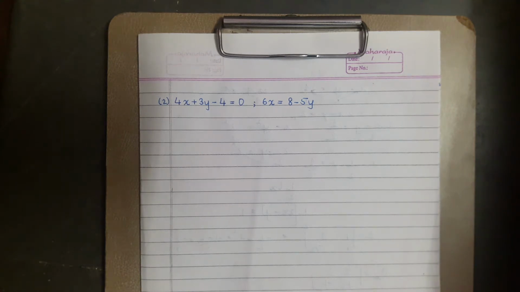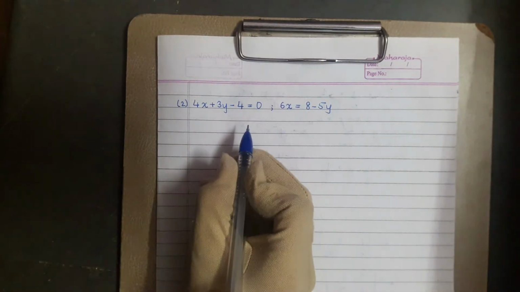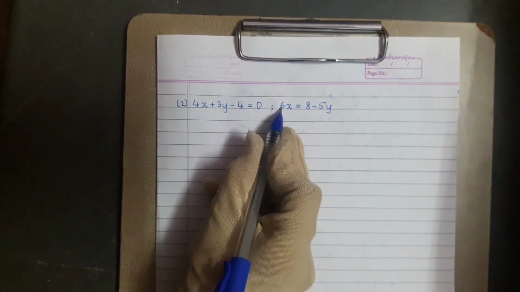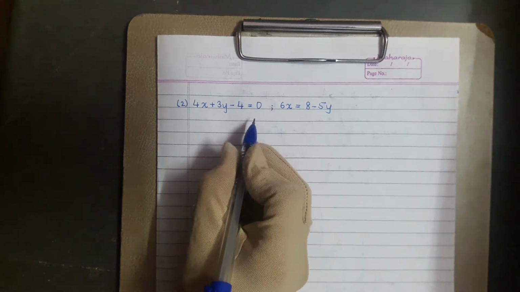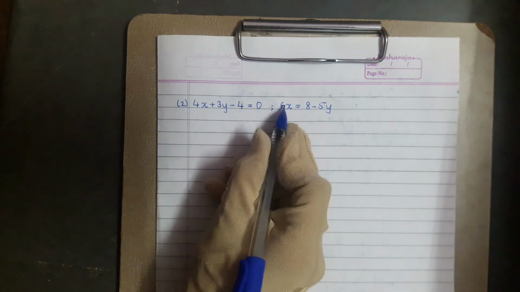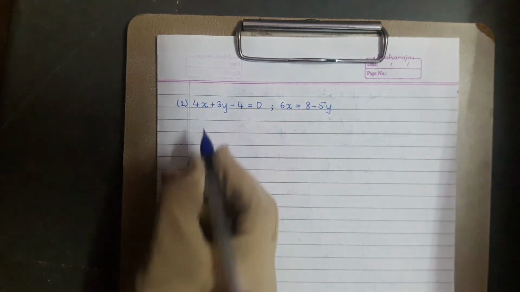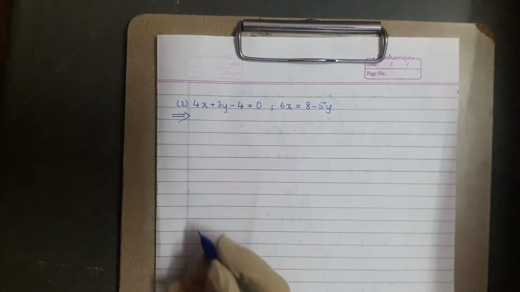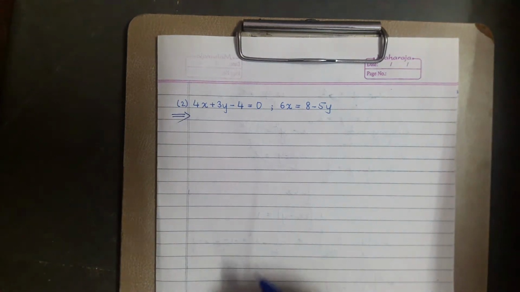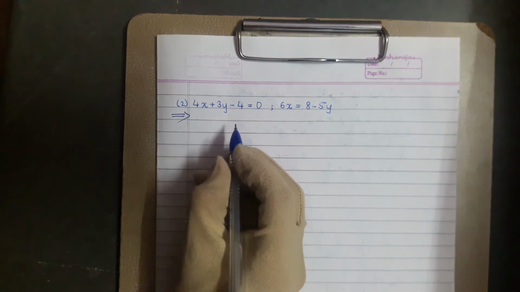Now, the first step while solving these simultaneous equations by Cramer's method is you have to reduce these equations to the standard form. Just I will explain in short what the steps are and then we will go towards the stepwise solution.